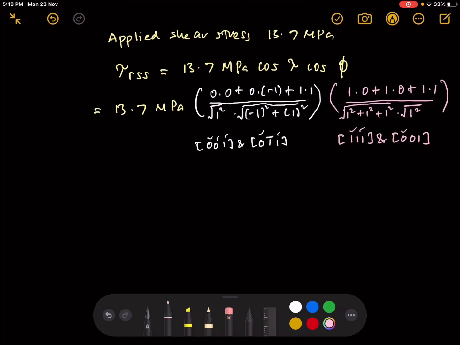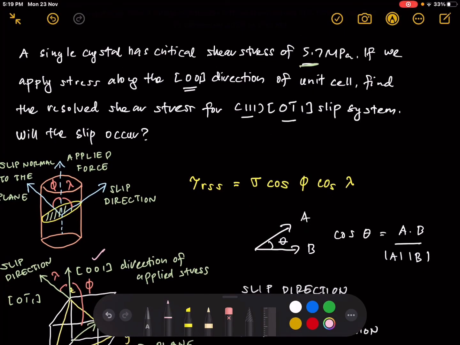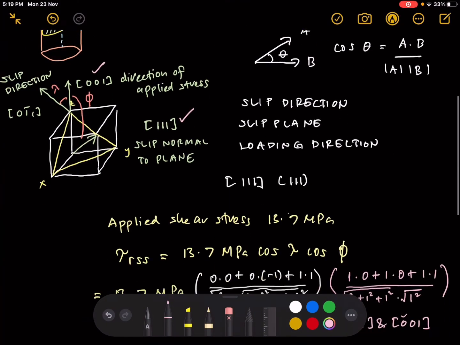And if we calculate the value of this, we will end up with 5.593 megapascal. So this is the resolved shear stress for this system. If we look back at the equation, a single crystal has a critical shear stress of 5.7 megapascal.